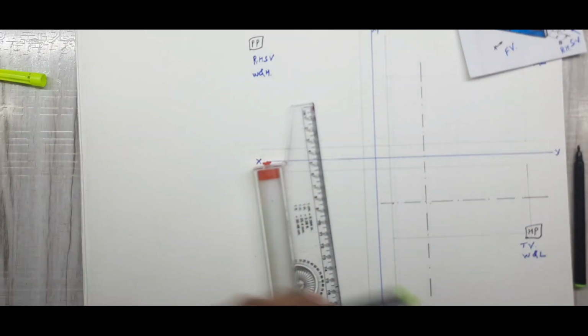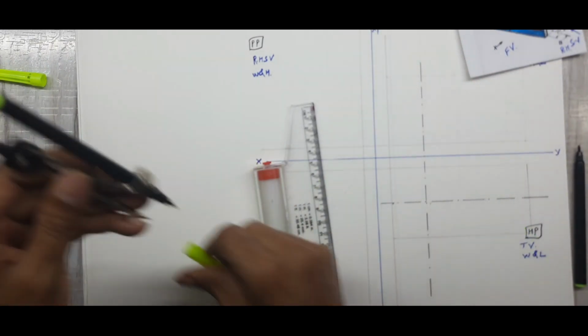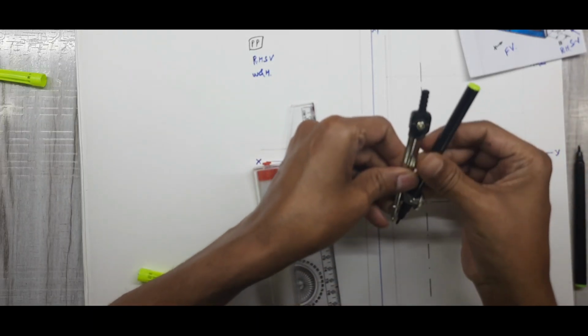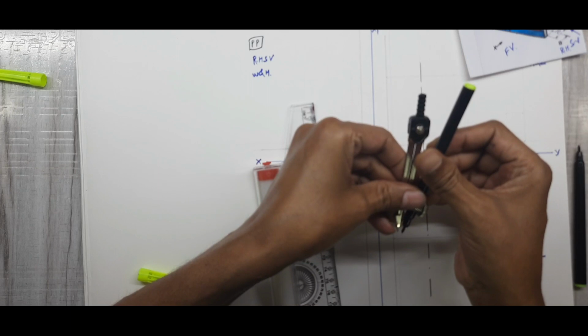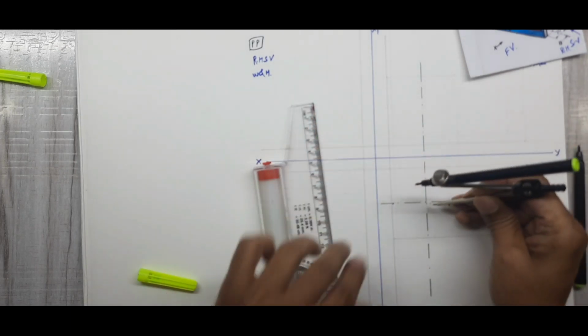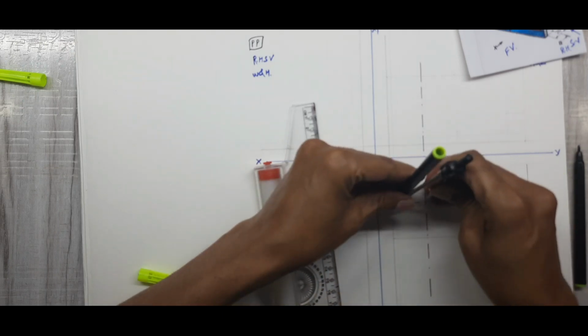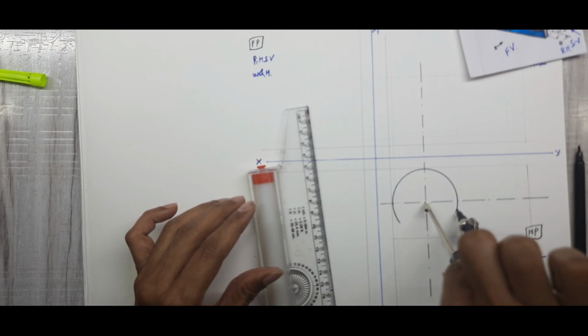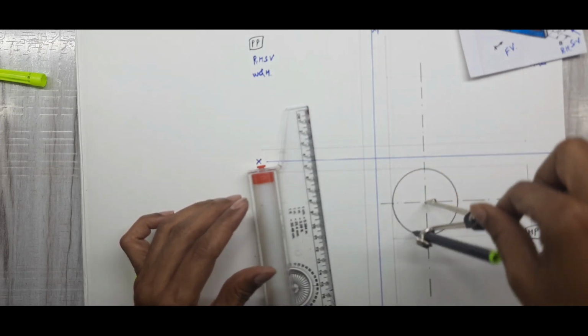Then take a compass and in the compass mark a distance of 30. Already you have given the dimensions. This is 30 and draw a circle. Okay.